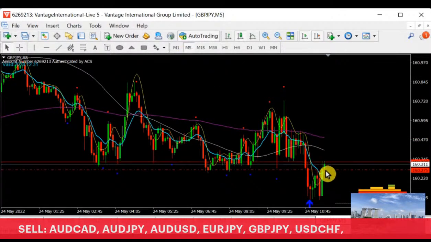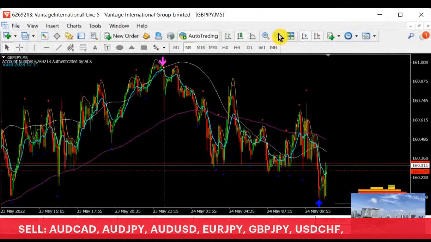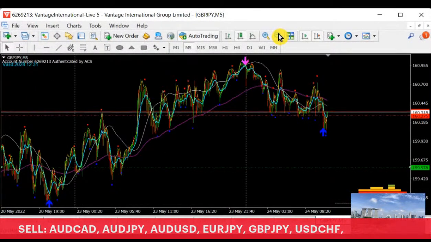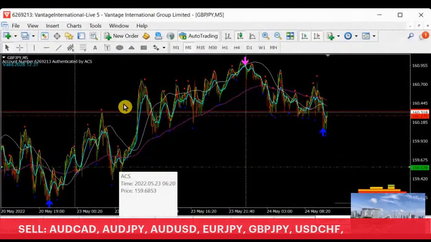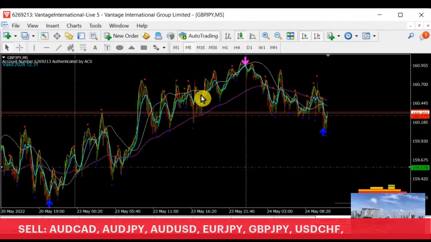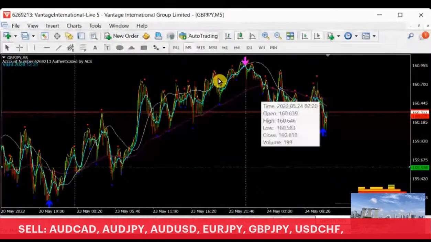Now it's testing the previous support as a resistance. If we shrink down, as we can see, yesterday the movement was upwards, and now the trading pattern in the market is about to change.